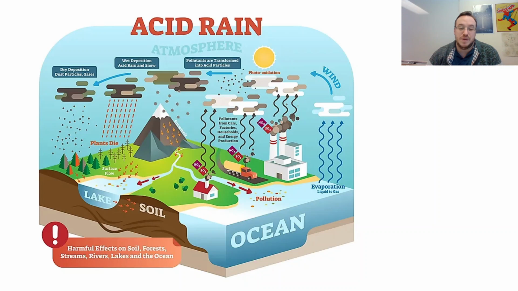Acid rain has been reduced because of a reduction in nitrate pollution and sulfate pollution, but it is still a thing that happens, especially in third world countries or second world countries that don't have the large regulatory agencies that have a goal of protecting the environment.